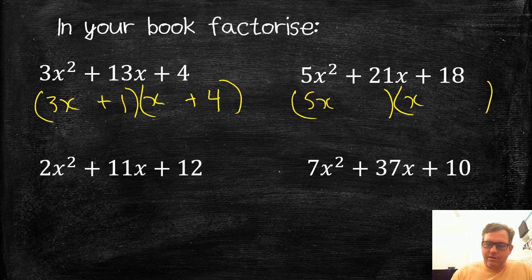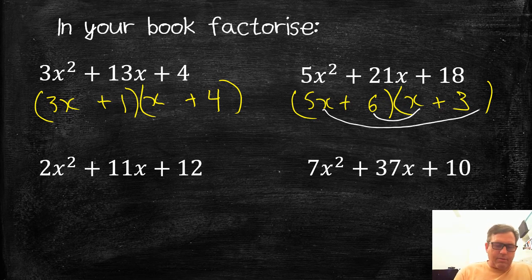The other choice is 3 and 6. So if I put my 6 there and my 3 there, I'm going to have 6x plus 15x is 21x. So that's going to work. And my 6 times 3 is 18. Again, I'm going to multiply the 6 times the x to get 6x, and the 5x times the 3 to get 15x.